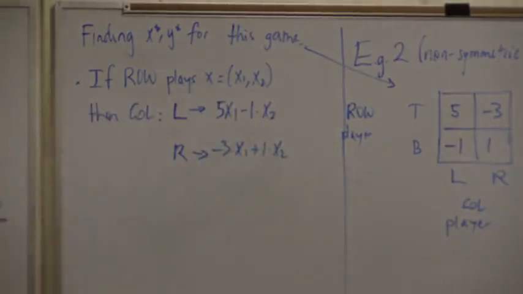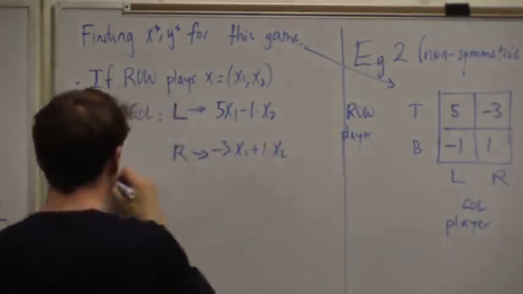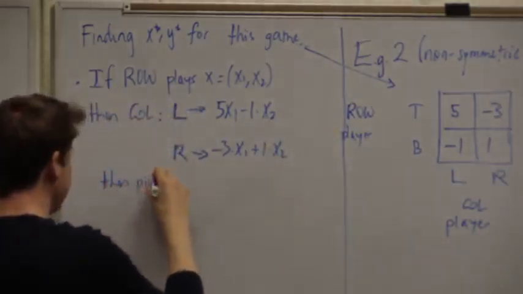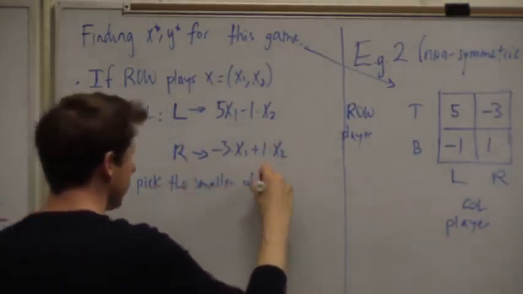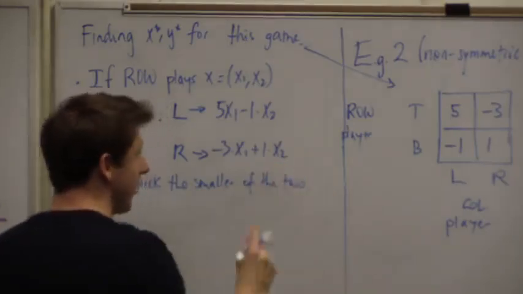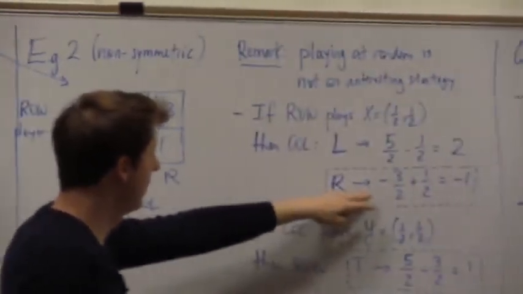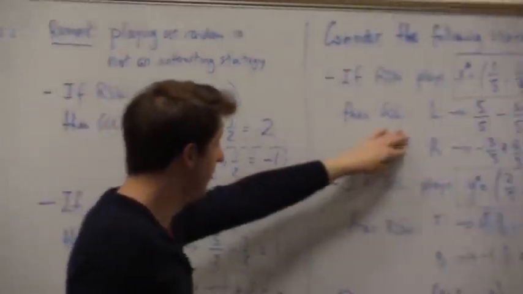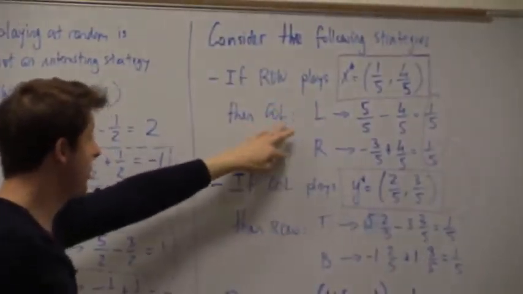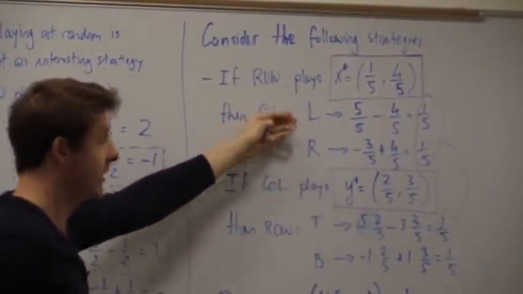And what he's going to pick is the smaller of the two. Right? So for example here, of the two, he picked this one because it was minus 1. Over here, because x star was chosen appropriately, actually it didn't matter to him whether left or right.